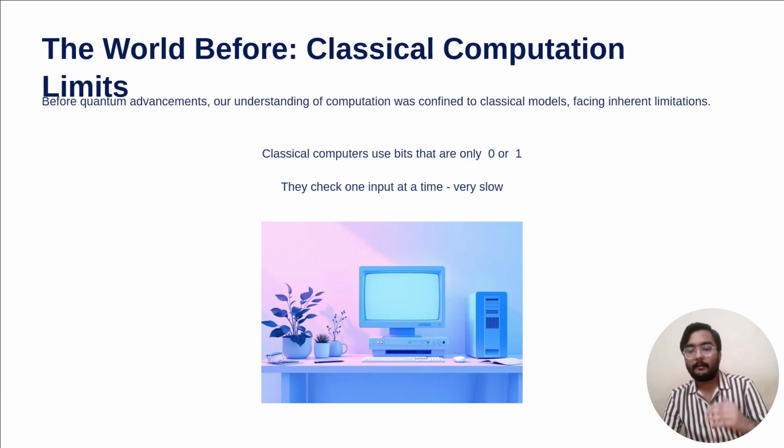These limits are the main reason scientists started to look for a new model of computing, which led to quantum computing and, as an early example, the Deutsch algorithm.